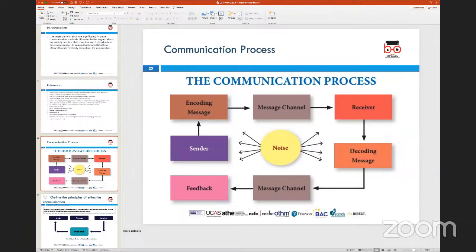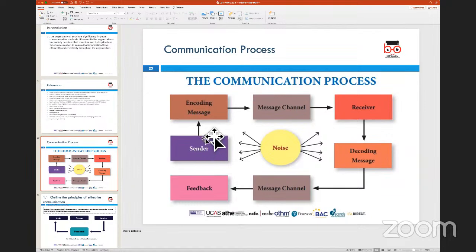If I break down the components of this process, it has five different components. When I'm speaking, I'm termed the sender. When you're receiving, you're termed the receiver, the recipient of what I'm saying. Now, how does the message travel?